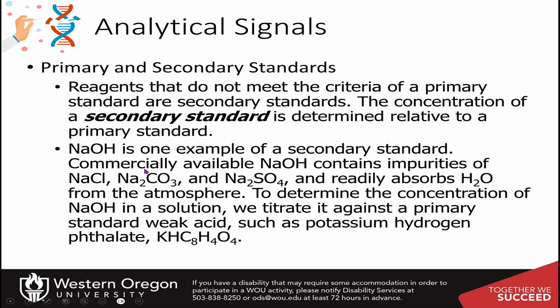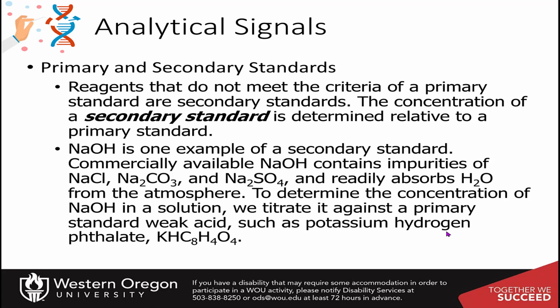So when you have commercially available sodium hydroxide, it typically contains impurities such as sodium chloride, sodium carbonate, or sodium sulfate. And it also readily absorbs water from the atmosphere. So to determine the concentration of sodium hydroxide in a solution, you have to titrate it back against a primary standard.